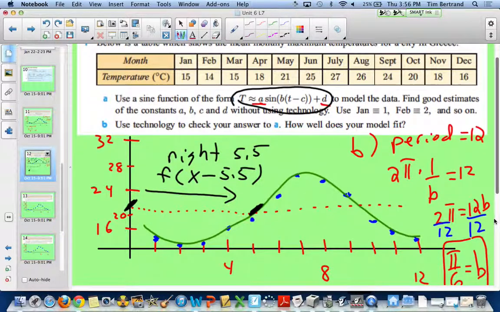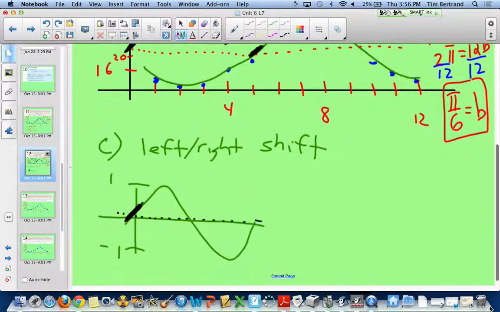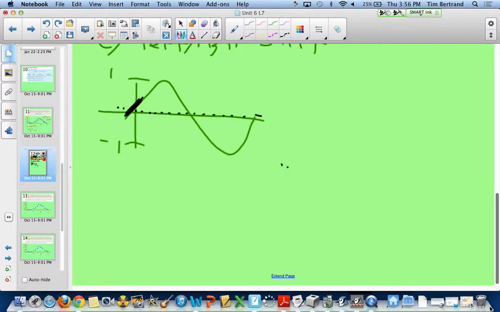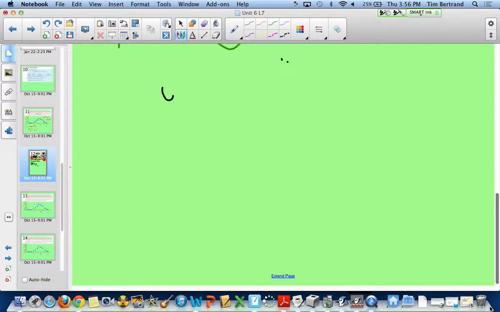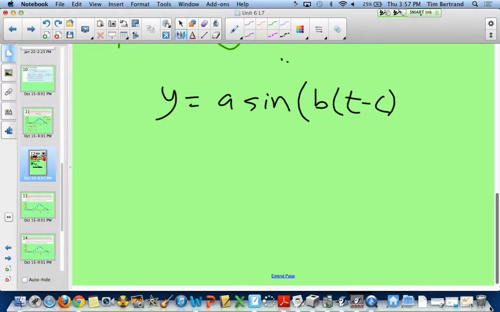So putting it all together at the end here, I'm just trying to make a little more space. Here we go. I want y equals a times the sine of b times t minus c, plus d.